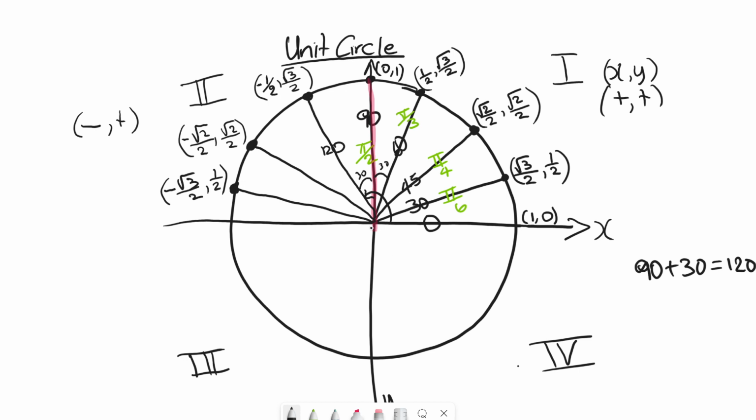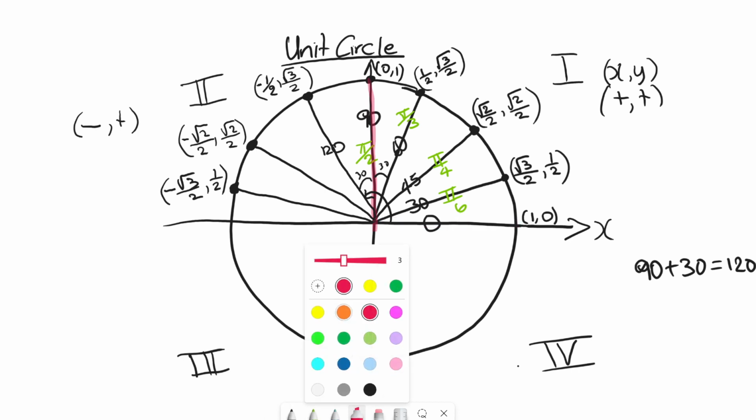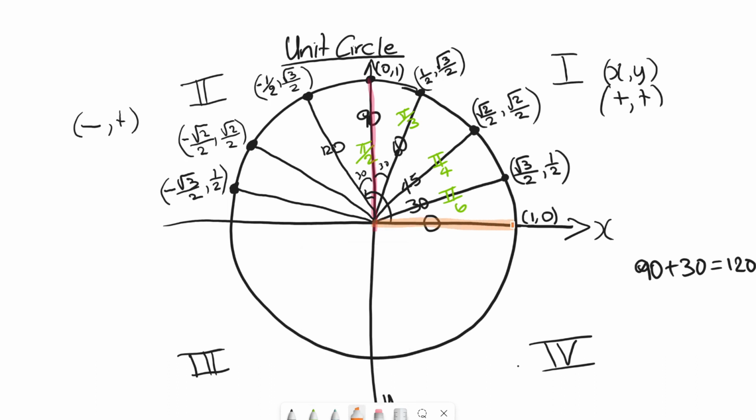All of our angles are going to have our initial side here, the x-axis. Let's use another color. Let's say orange. This is going to be my initial side for all of my angles. Now, we're going to continue this notion.